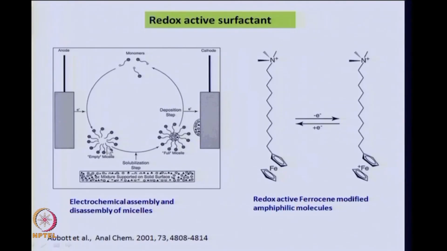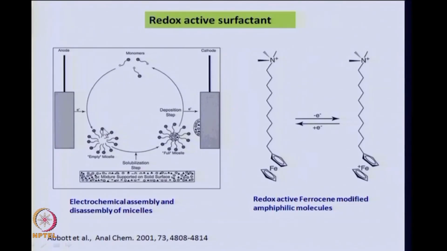Inside, of course, there is nothing right now. So, this is an empty micelle, but if at the next stage you introduce some oil, a non-aqueous solvent, then these micelles can take up that oil and they will become filled micelles. Then if you remove an electron, this aggregate structure will be destroyed and this will open up and the solvent will go and stick there, and they will then again be monomers.